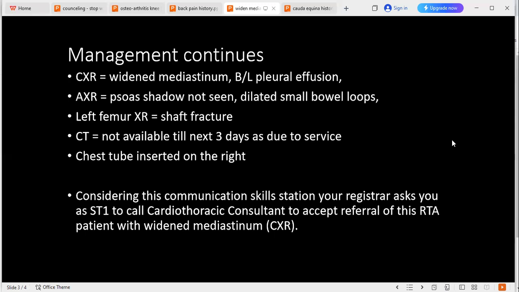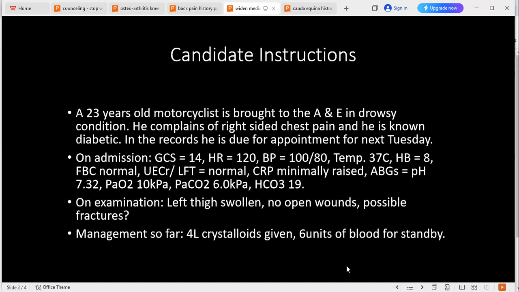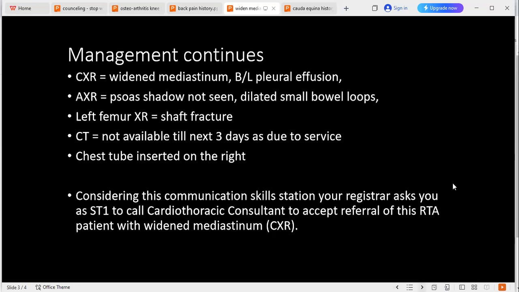So we gave him 4 liters of crystalloid, and we inserted a chest tube in the right side, and we also prepared 6 units of blood. So we think that this patient is having aortic dissection, and we hope to transfer the patient to your care for definitive management.